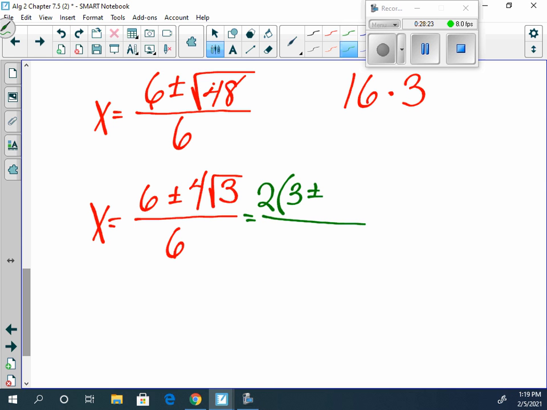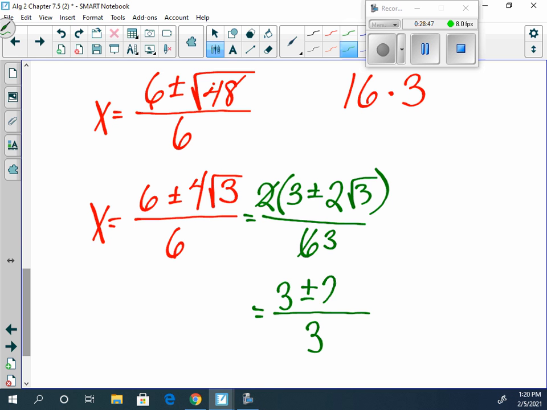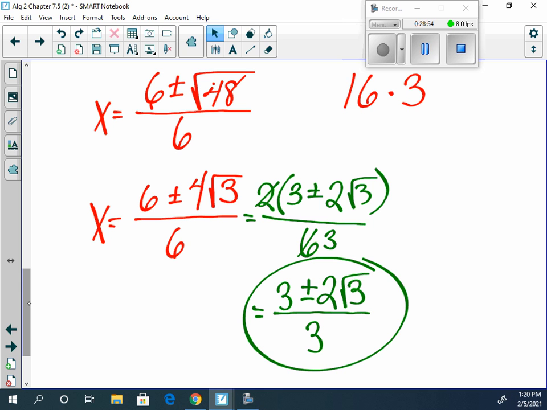Plus or minus, if I factor 2 out of 4 square root of 3, I'm left with 2 square root of 3 over 6. And the 2 and 6 will simplify. This will simplify out, and the 6 would become 3. So what we have left on top is 3 plus or minus 2 square root of 3. And this here would be our answer. This would be the final answer for this here.